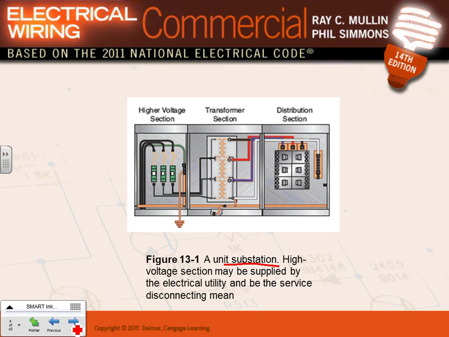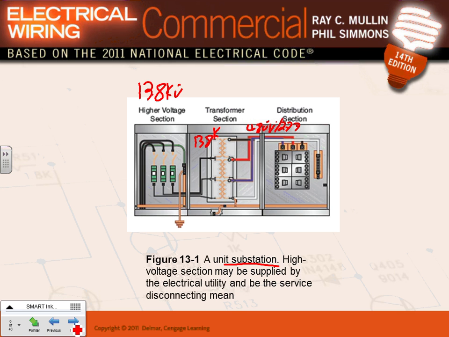What is a unit substation? A unit substation, guys, uses a high voltage section. This is 13.8 kilovolt. For the transformer, the primary is 13.8K, and the secondary could typically be 480 volt slash 277. So you have 3 sections.